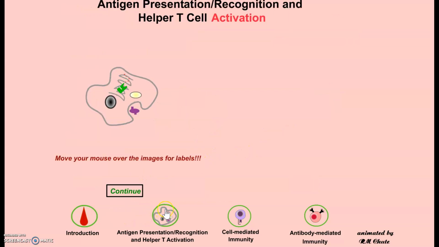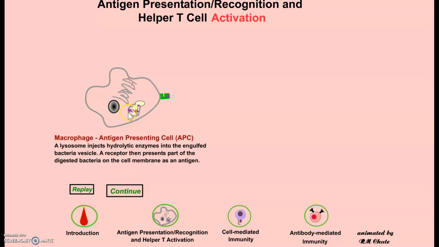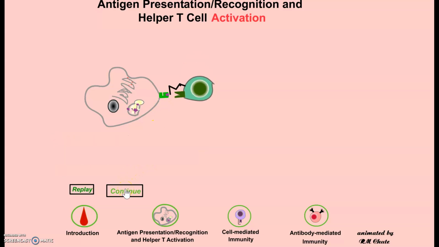If we go on to, this is basically non-specific immunity. It's a macrophage. It recognizes a bacteria, it engulfs it and kills it. But then it can do something else to activate the specific part of the immune system. It breaks down the bacteria. It takes a little protein from the bacteria and puts it on its surface so it can call in the lymphocytes, or the cells that specifically recognize that protein.